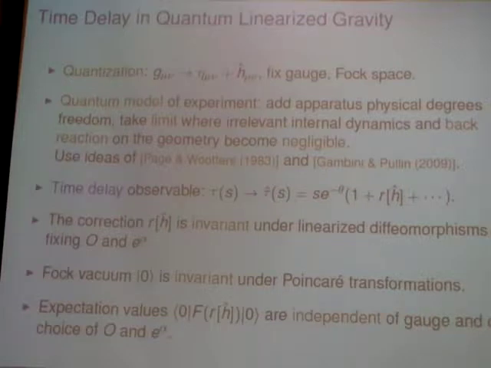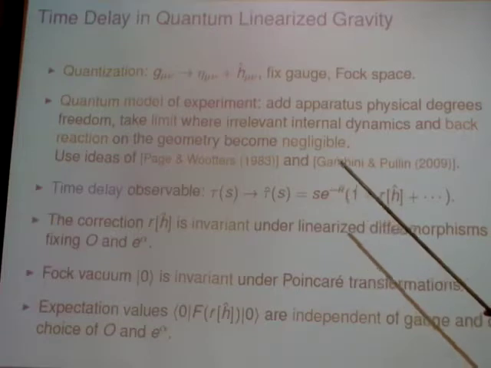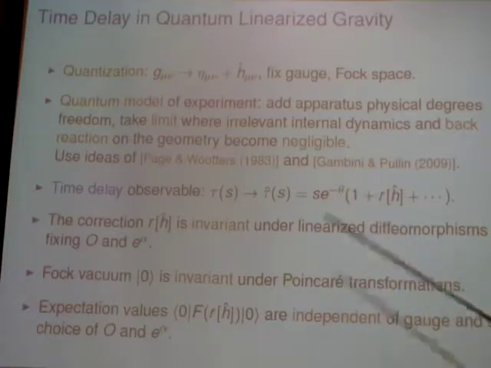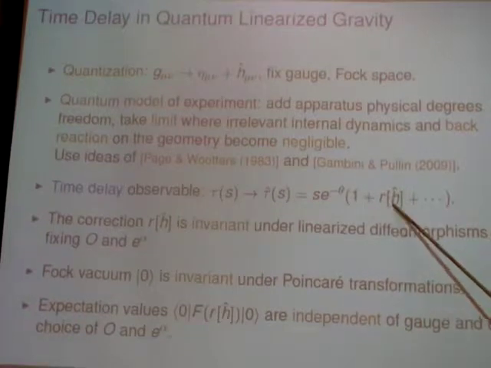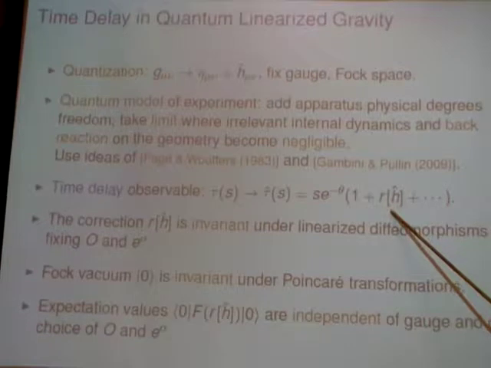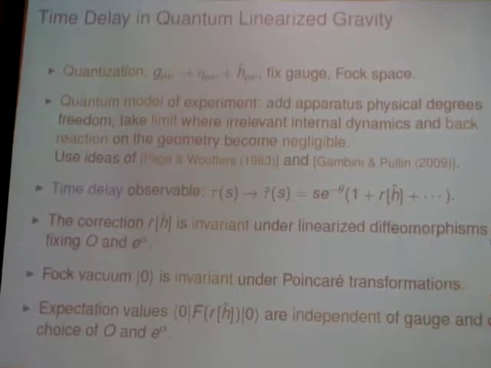But none of these works have considered corrections coming from purely gravitational degrees of freedom. So what I'm thinking of here is ignoring the corrections that come from internal dynamics of the experimental apparatus and concentrating purely on the corrections that come from the gravitational degrees of freedom. Right. So this is the working assumption that I made here.